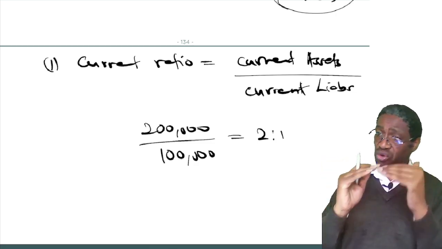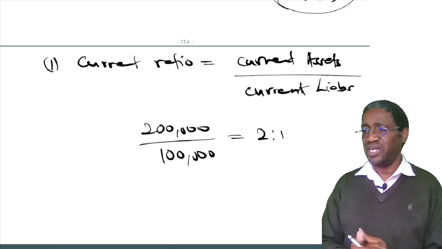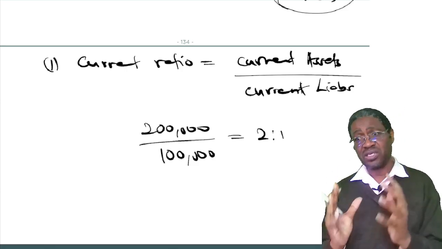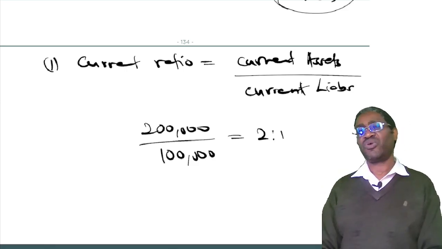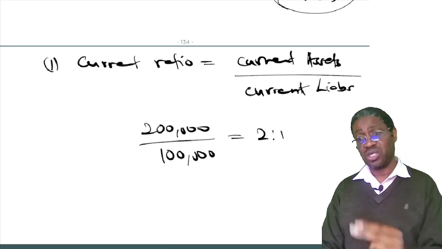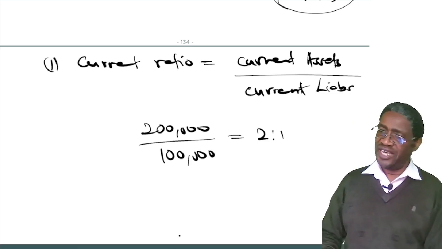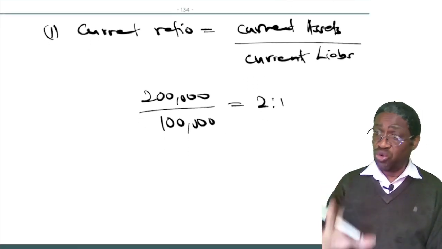We take the numerator, which is current assets, divide by the denominator, which is current liabilities, and whatever answer you get, you express it as this to this. For example, our current assets being twice as much as current liabilities, then our current ratio becomes 2 to 1.